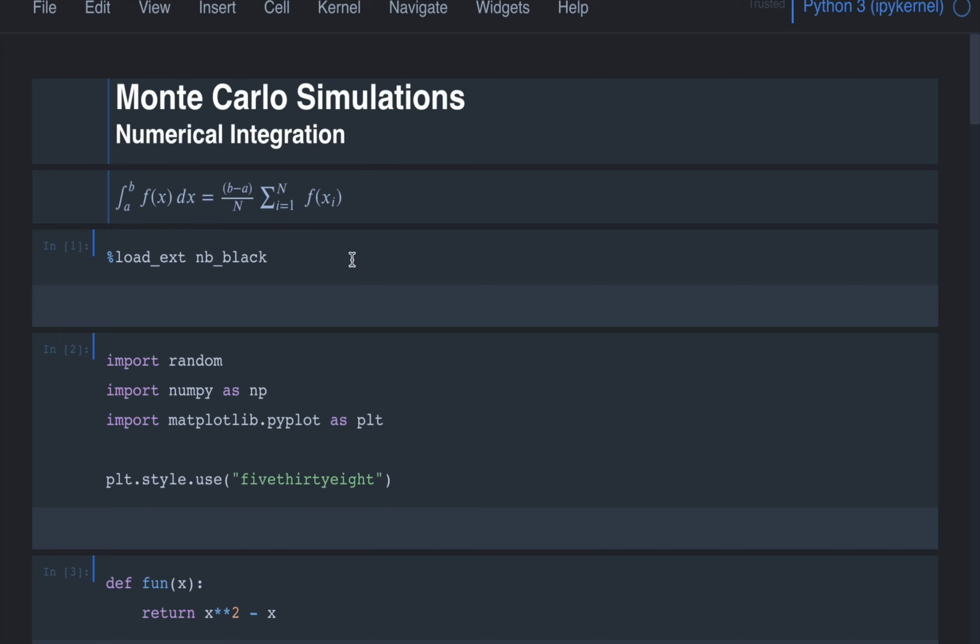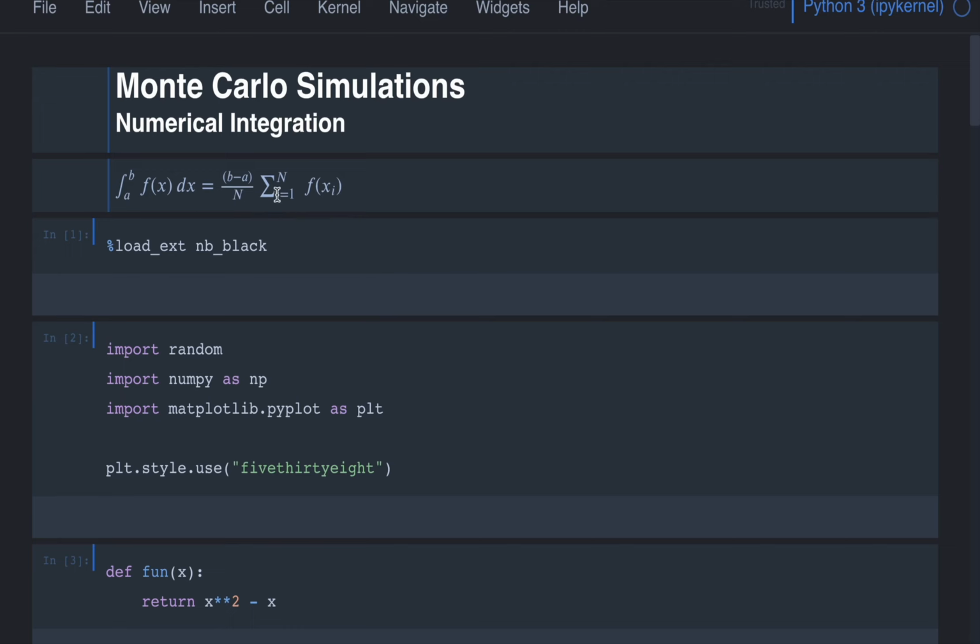But in some cases, this function f of x might be too complex to compute the exact integral. Or even if you are able to solve this analytically, it might take too long to compute the exact solution, right? So in such scenarios, we can use Monte Carlo simulations to compute the numerical integration.